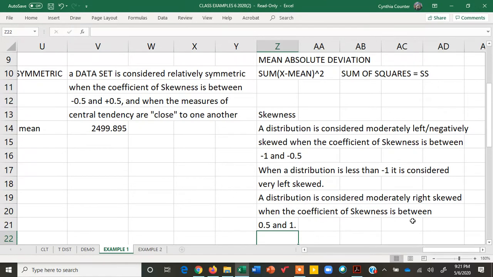And when it is greater than 1, it is considered very right skewed.